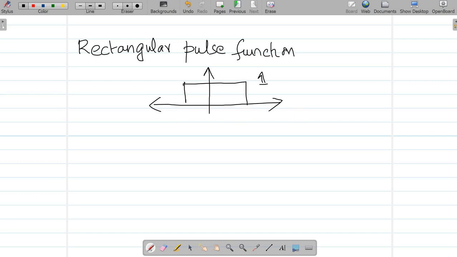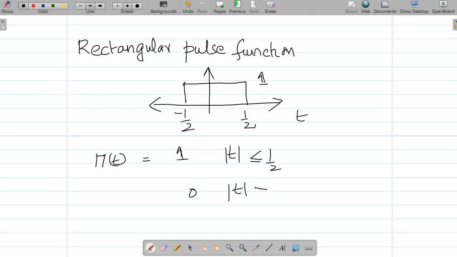It is 1 for magnitude of t less than or equal to half, and it is 0 for magnitude of t greater than half. So when t lies between minus half and plus half, we have the value 1.